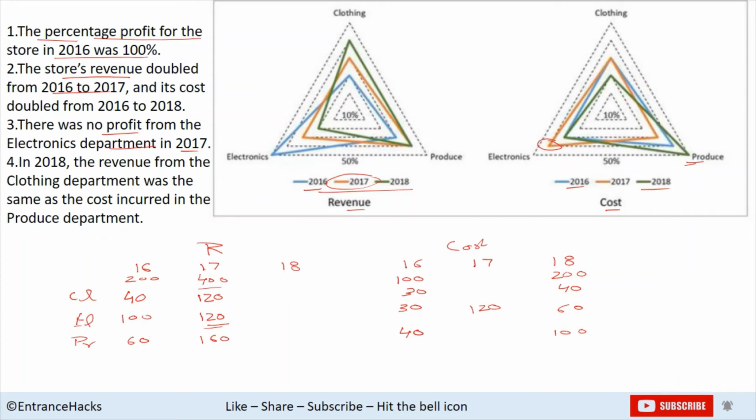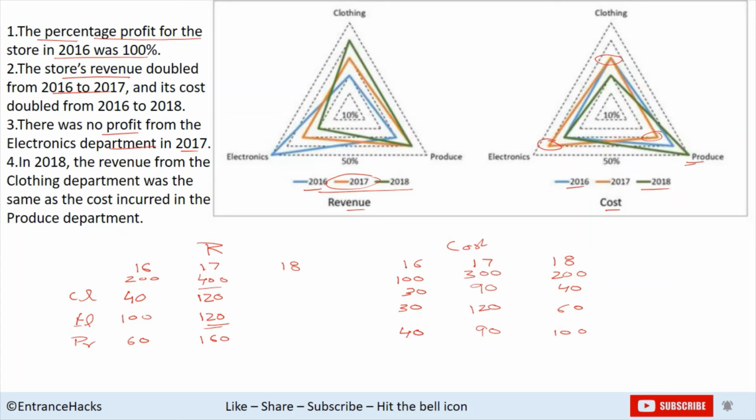It is 30%, so 30 into 3 is 90. And for produce also it is 30%, so this again will be 90. So the total cost for 2017 would be 300.